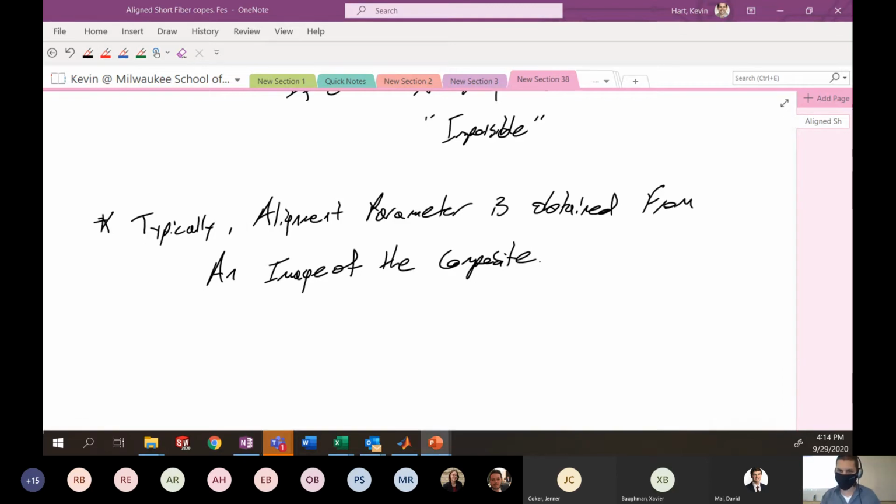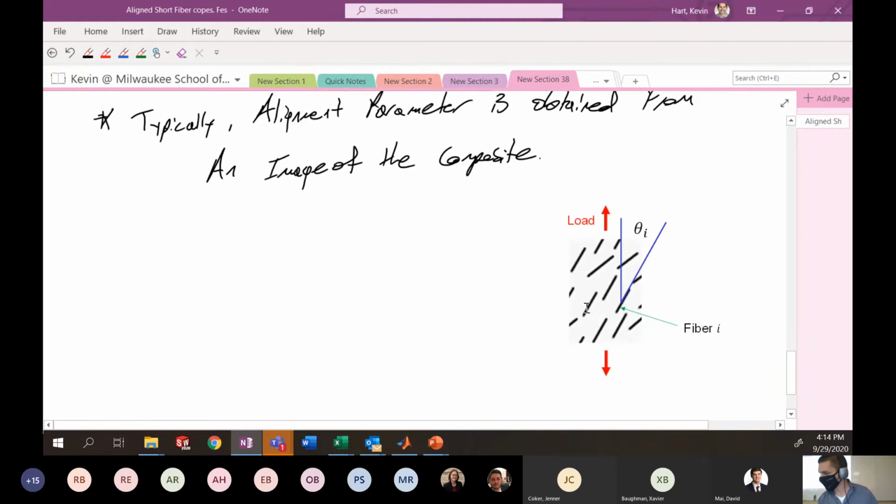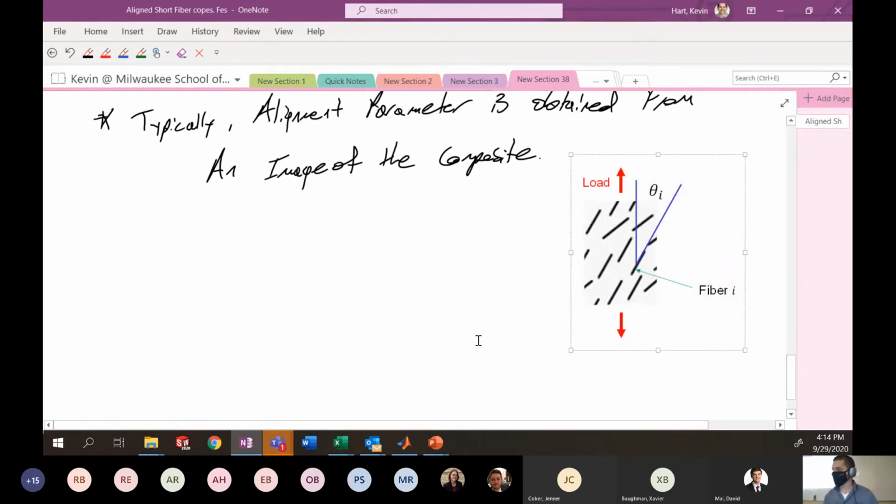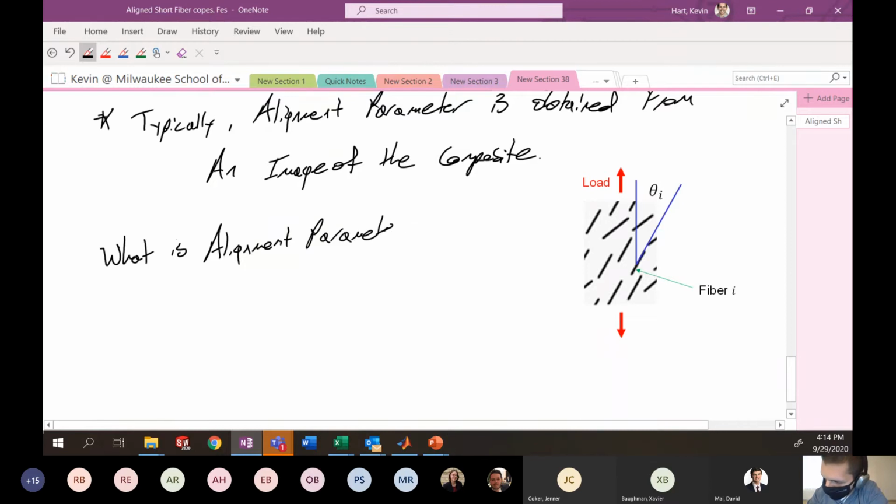I'll bring in the picture here from the notes because my sketching ability is not so good. So I want to know, what is my modulus along the loading direction? So what is the alignment parameter in the load direction?